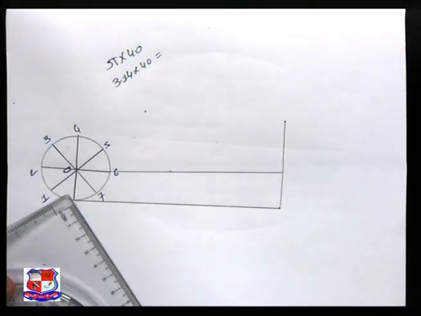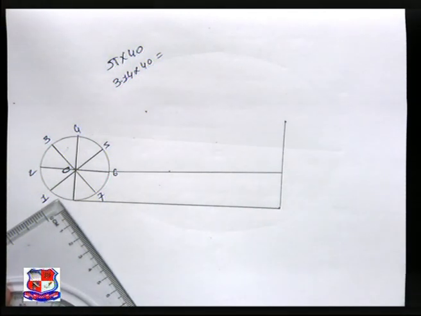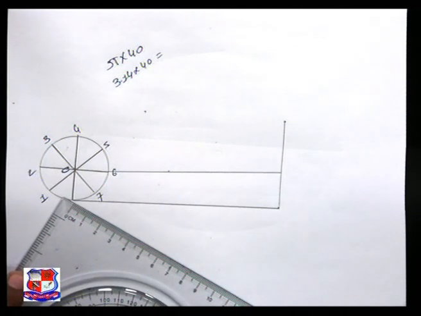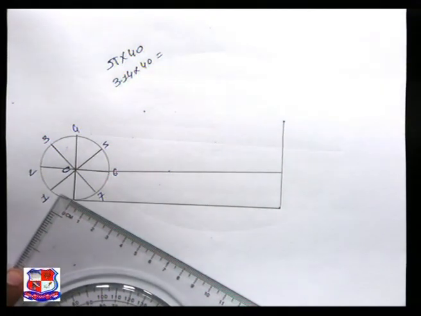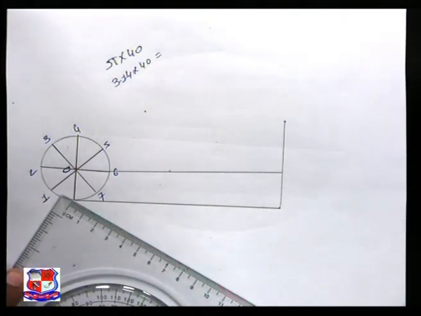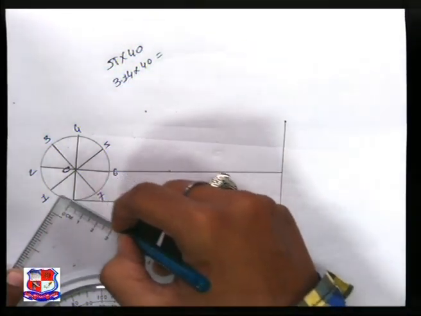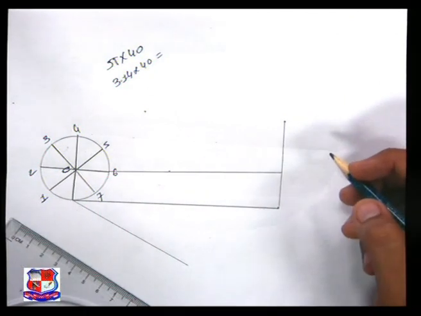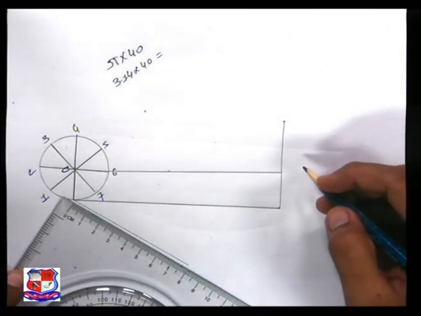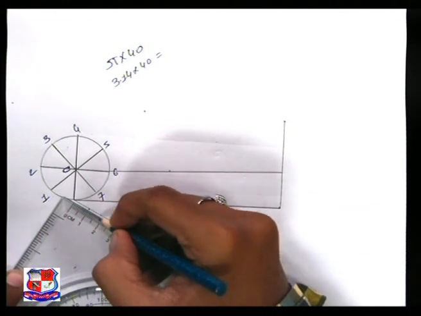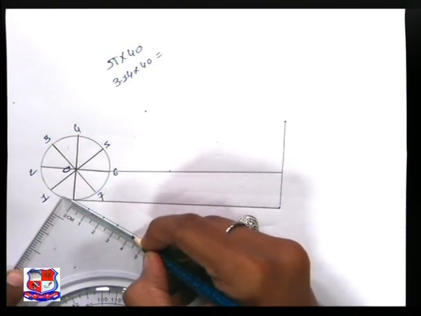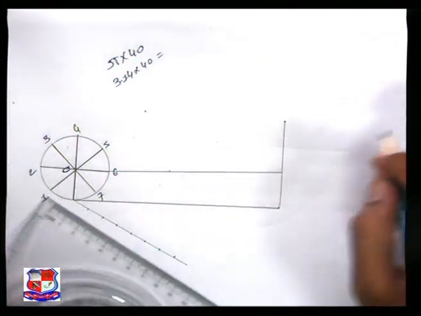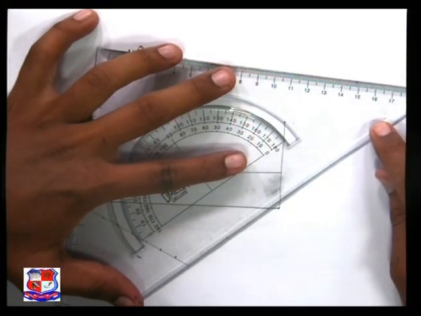Now I need to divide this 122 mm line into 8 equal parts, which I cannot do directly. So I will use the divide line rule. I am going to draw an 80 mm line at any angle and divide that line into 8 equal parts. This is how you can divide a line, which we have seen in the previous problem also.